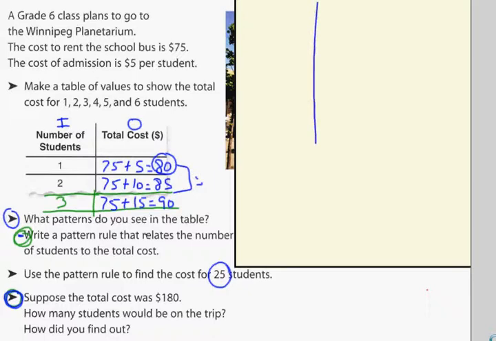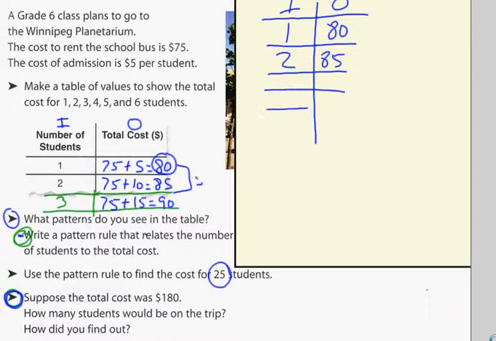If you have your input-output chart, remember, one student cost us $80, right? 2 students was $85. Well, I'm going to skip a few, and then I'm just going to write in 25 students cost us $200, right? Well, I can work backwards from that number very easily.